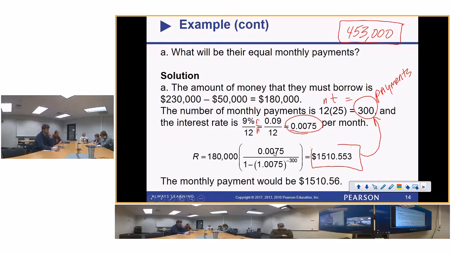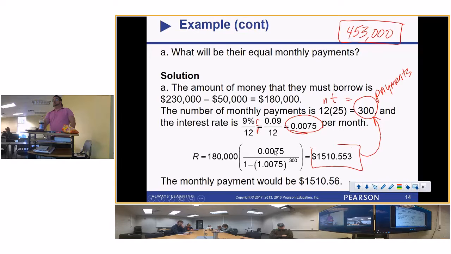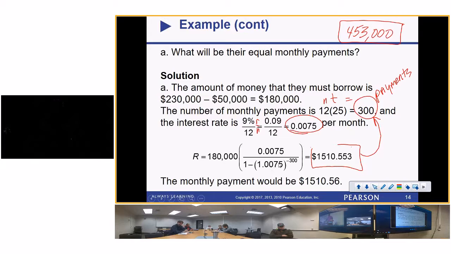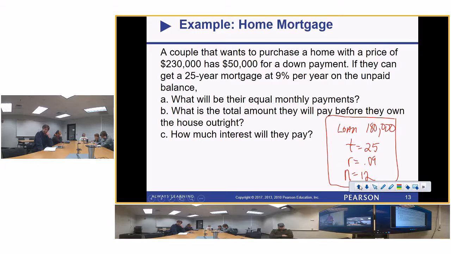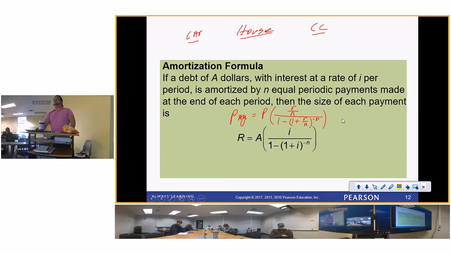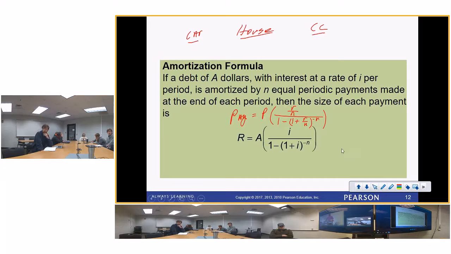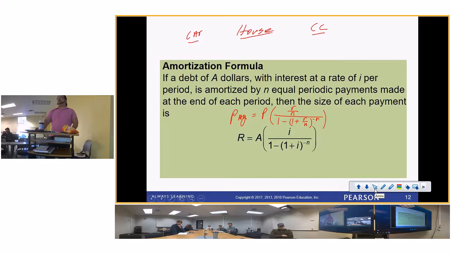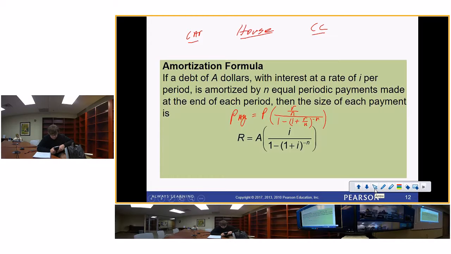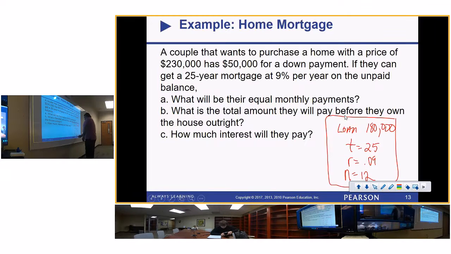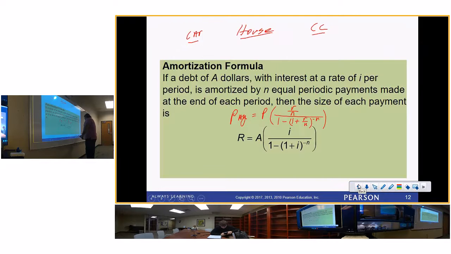Okay, R over N should go on the top. And then the denominator is 1 minus, 1 plus R over N, raised to the negative N. What do we get for R over N? 0.0175.